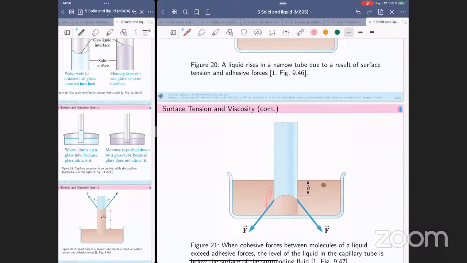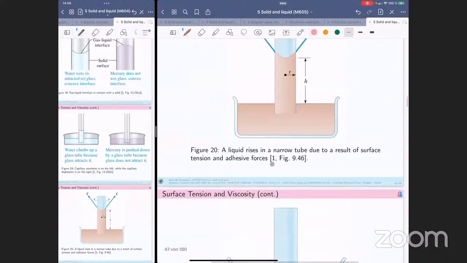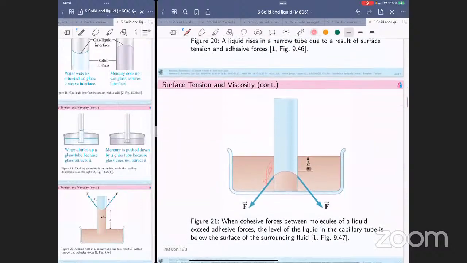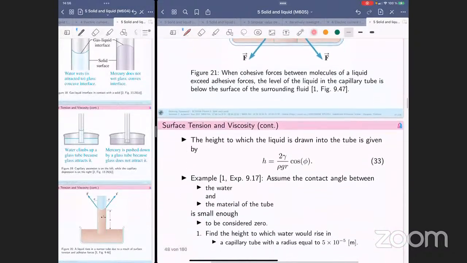Yeah, h is the depth into this one. For the water case, it is the height, right? The distance in the vertical axis, right? Yeah. Let's move to the next one.